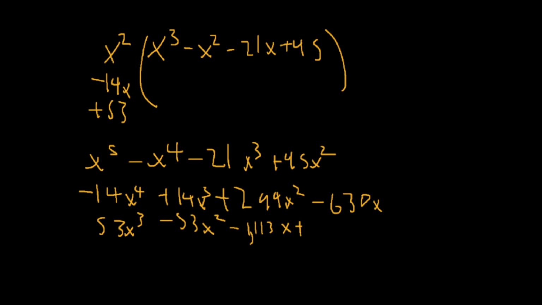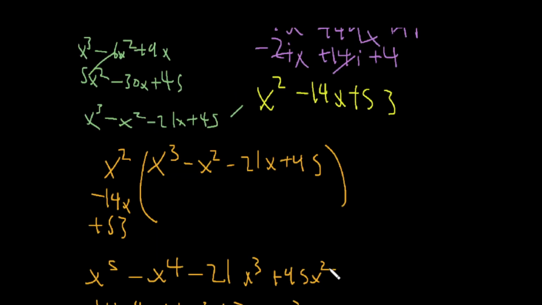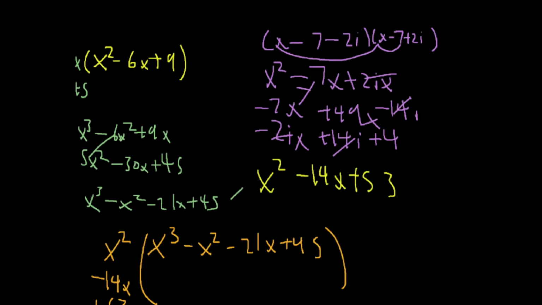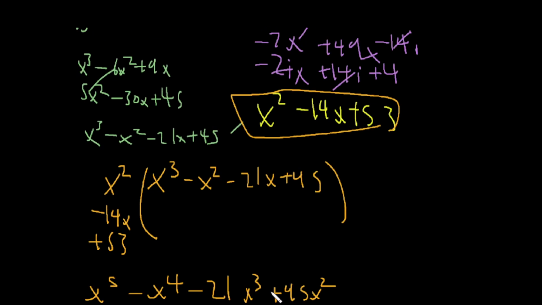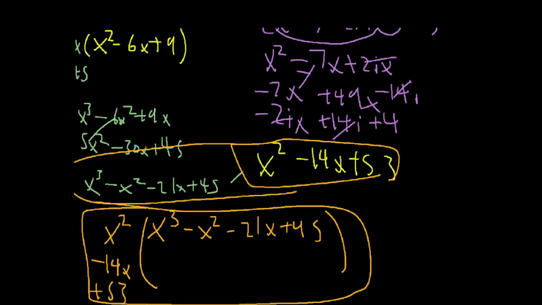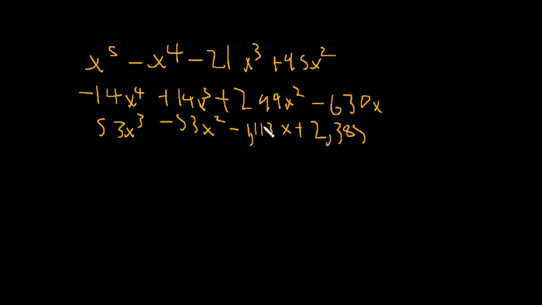It could be, could not be. 45 times 53 is 2,385. Now, the test says to practically just get this part, or even this part, and you're done. But I don't want to keep going.